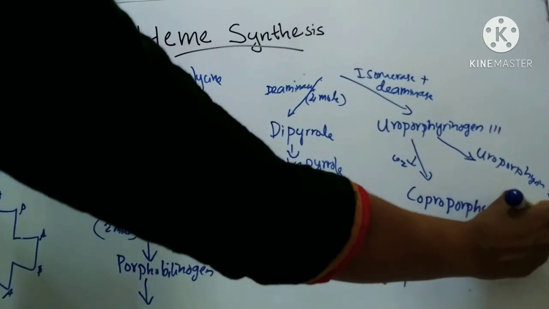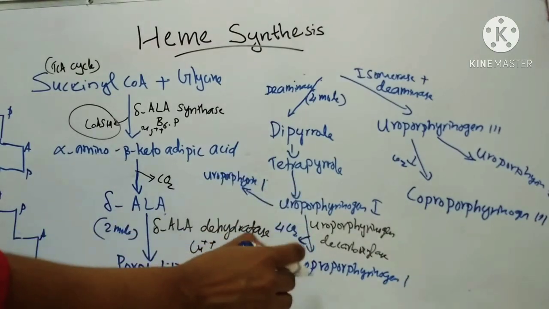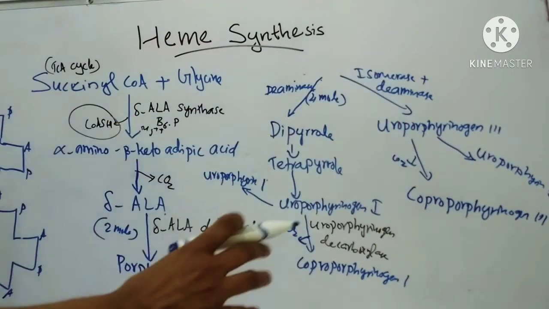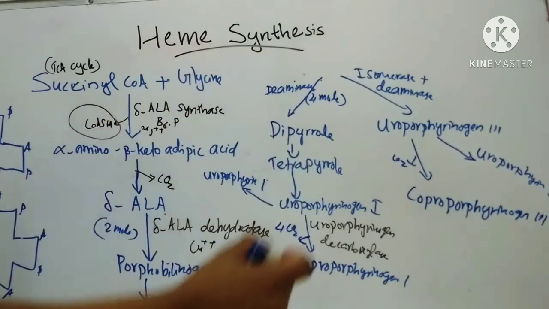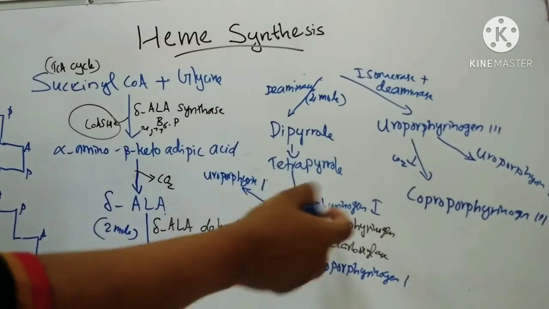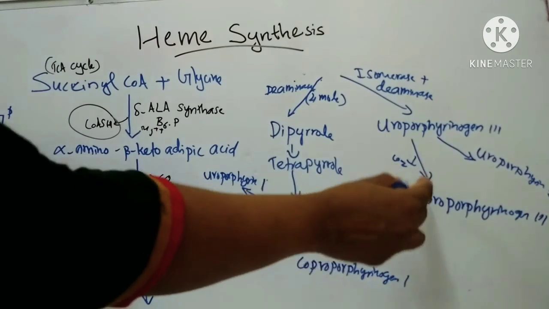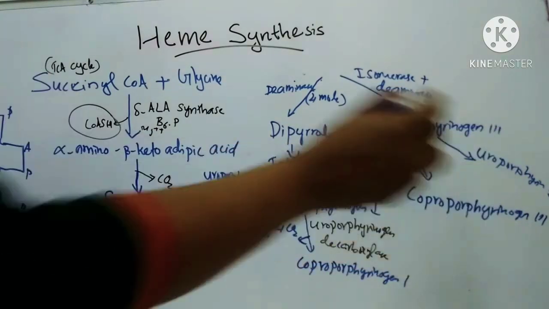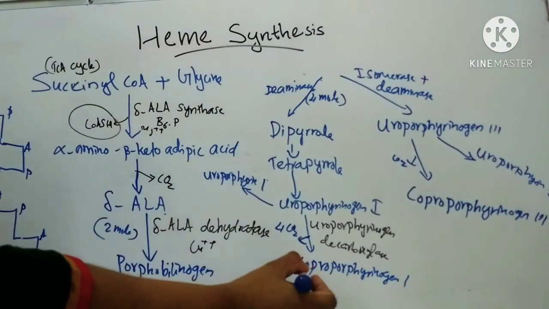Oxidation of coproporphyrinogen 1 produces coproporphyrin 1. Oxidation of coproporphyrinogen 3 produces coproporphyrin 3.